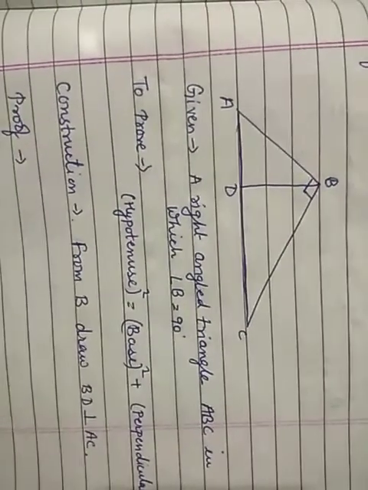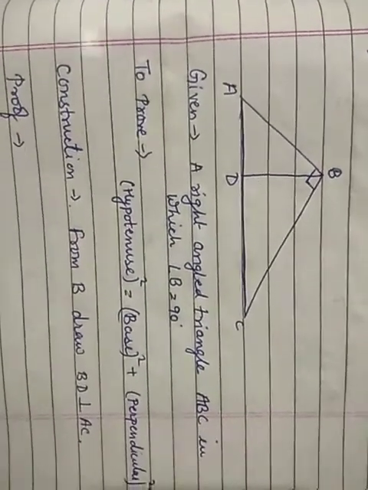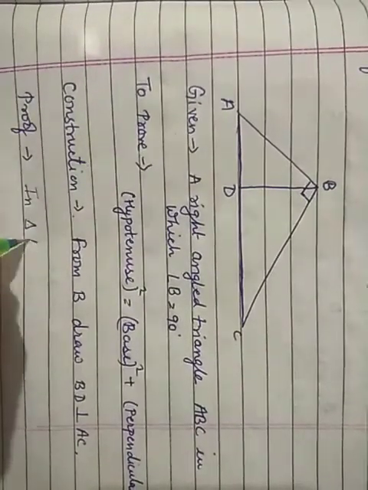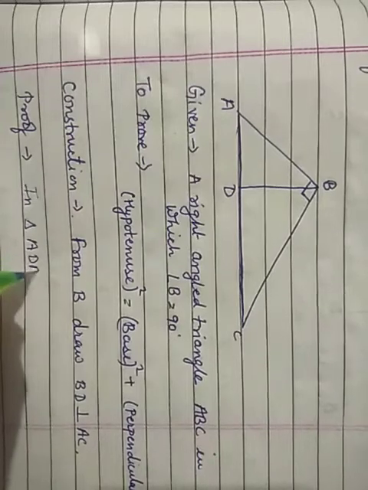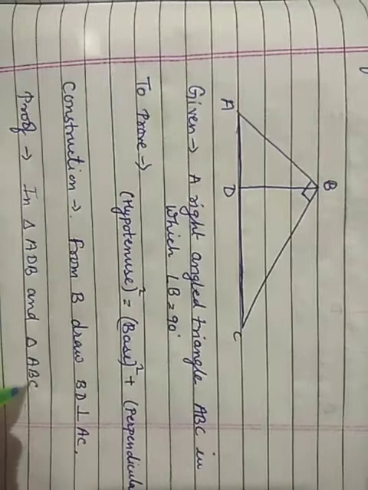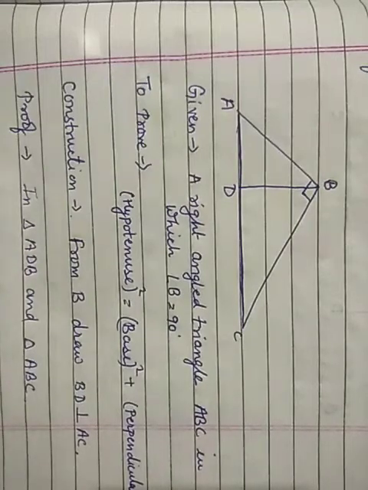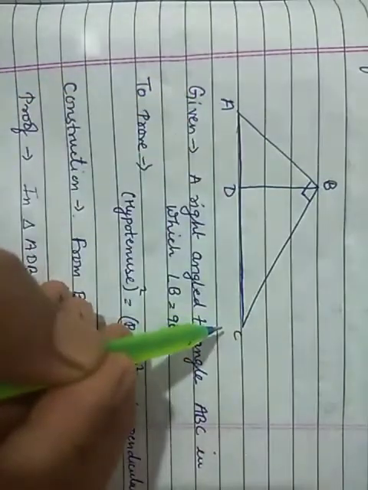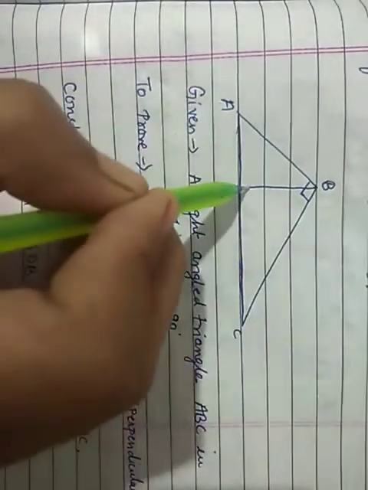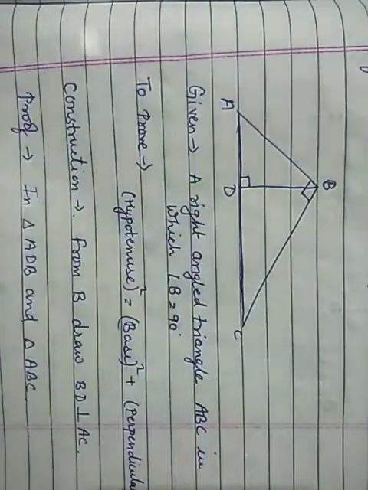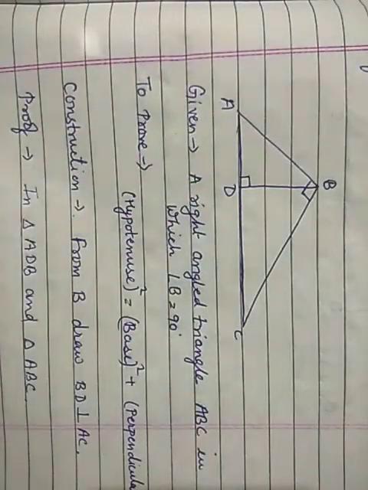So in triangle ADB and triangle ABC, you can see this is triangle ADB and this is triangle ABC. In ADB, BD is perpendicular, so angle D is equal to 90 degrees.